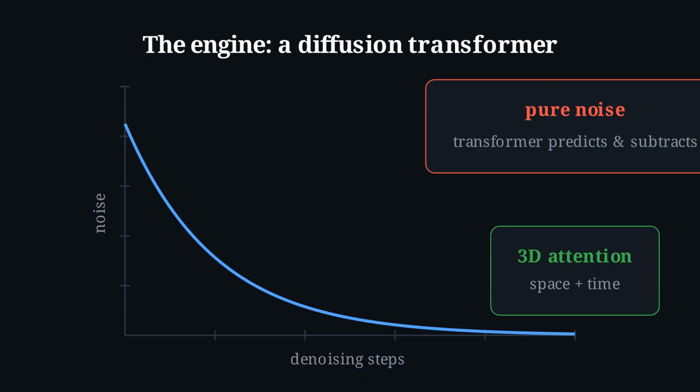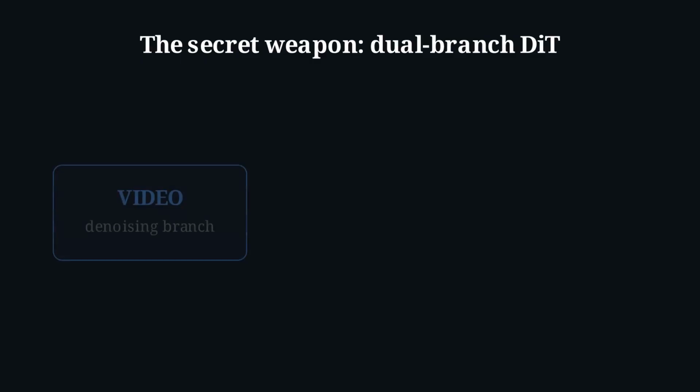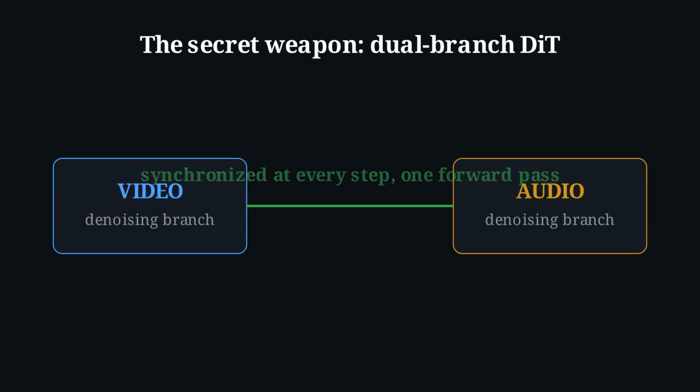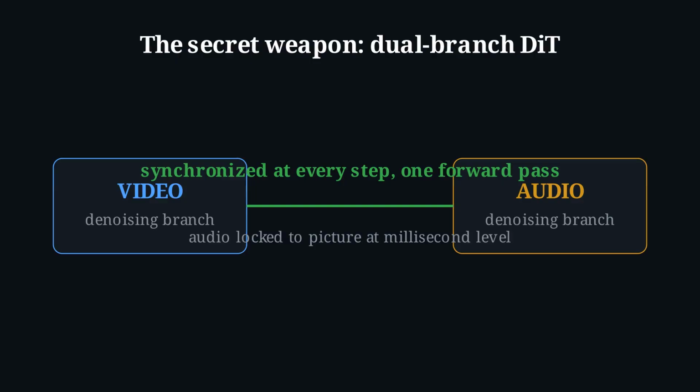Here is where Seedance separates itself. Version 2.0 introduced what is called a dual-branch diffusion transformer. Instead of one network generating video and another generating audio and hoping they line up, Seedance runs 2 coupled transformer branches side by side. One branch denoises the video stream.